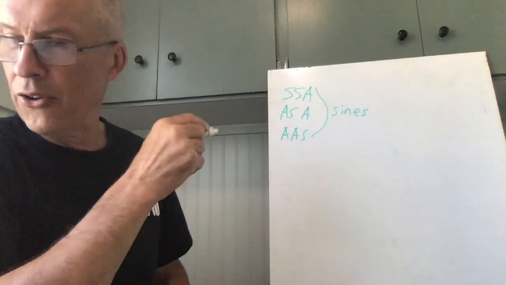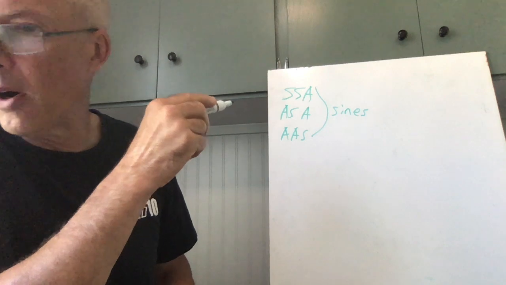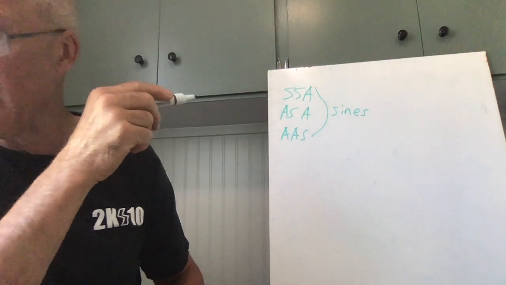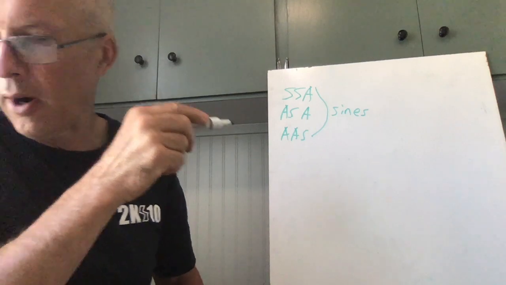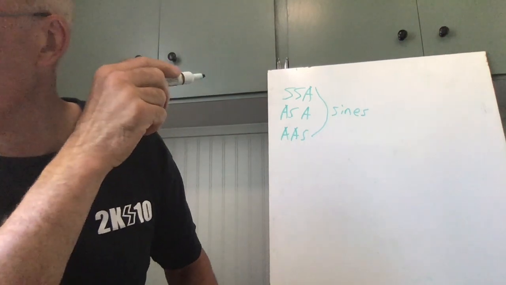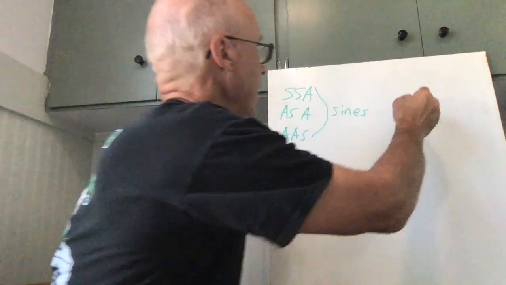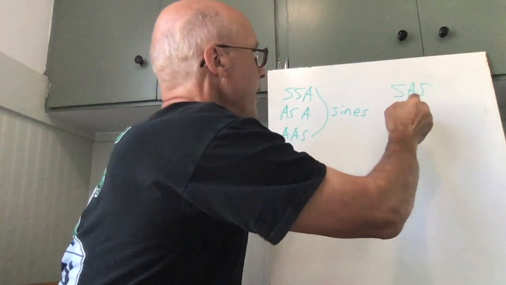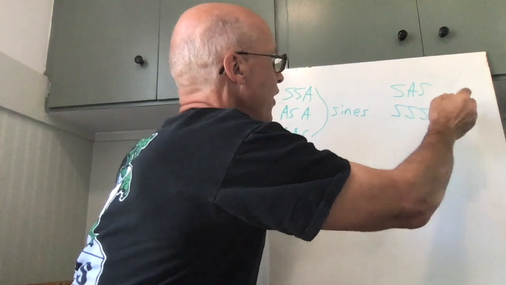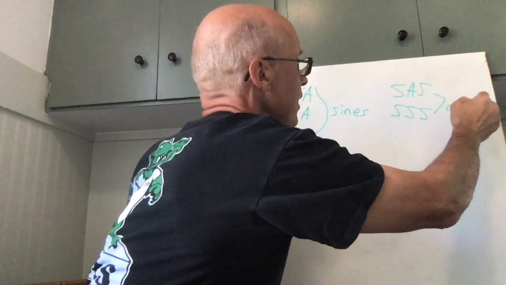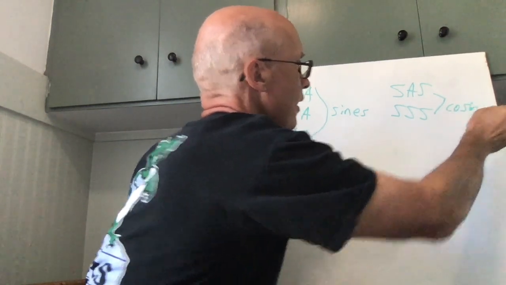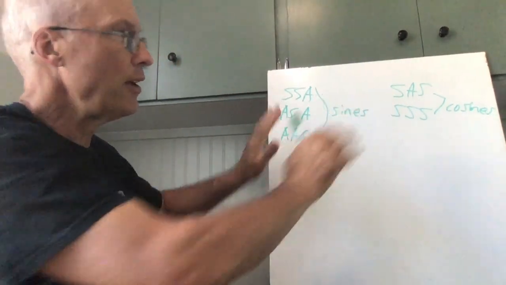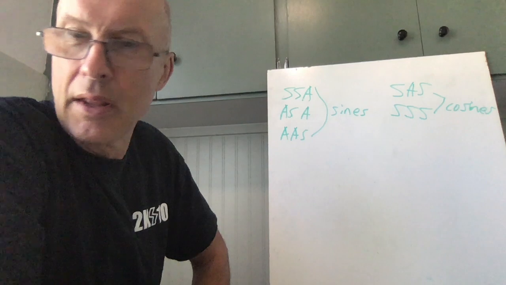The law of cosines is going to work for SAS, side angle side. So that's when you're going to use each one of these.